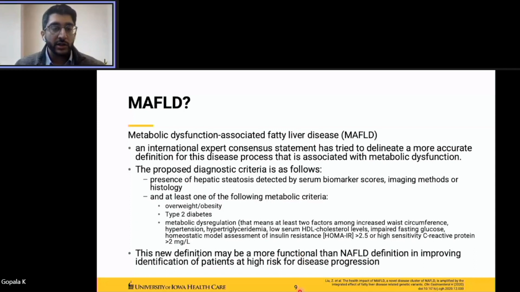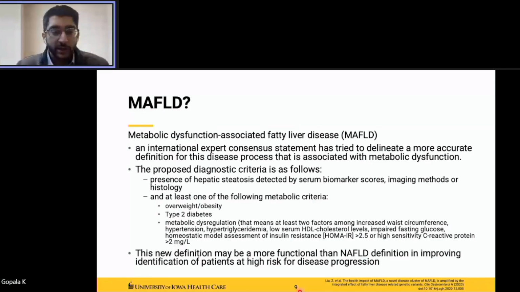So an international expert consensus statement has tried to delineate a definition. This is still not 100% adopted or accepted yet, but the proposed diagnostic criteria is hepatic steatosis based on serum markers, imaging, or histology, and at least one of the following metabolic criteria: obesity, type 2 diabetes, and signs of metabolic dysregulation, which means at least two of the following factors.